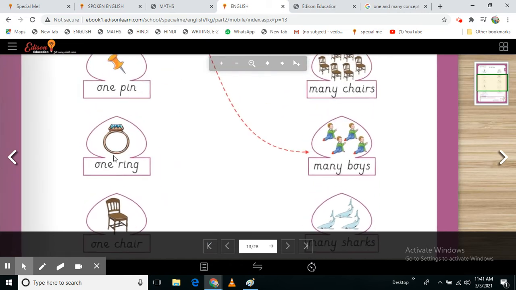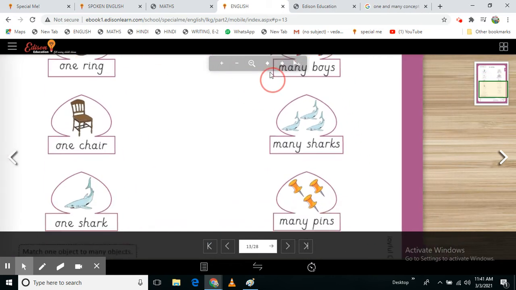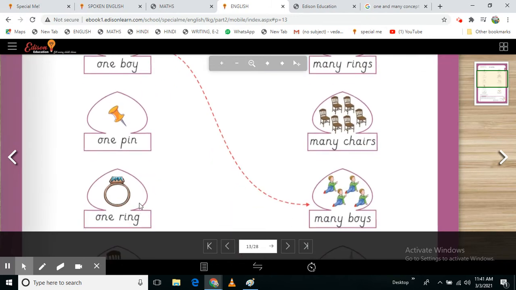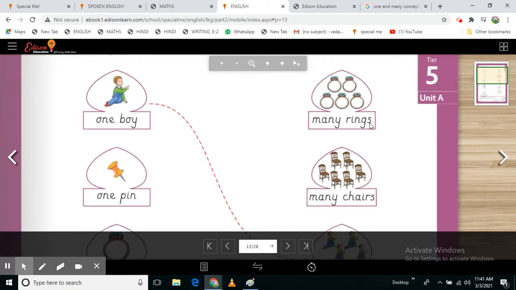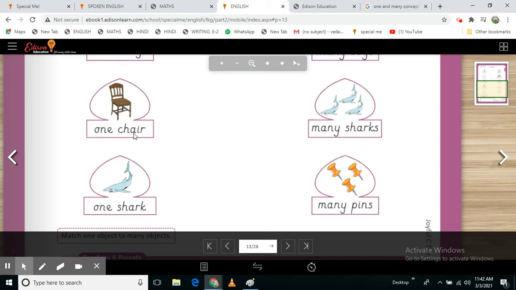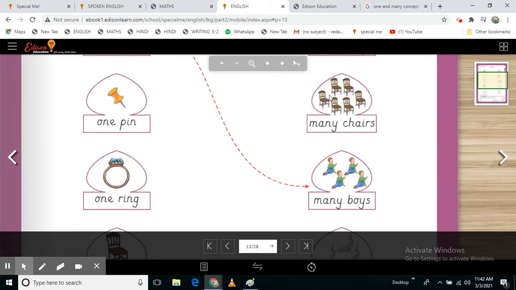Okay, now this is one ring and these are many rings. Okay, ring, then rings. Okay, one ring, many rings. Now one chair, then many chairs.